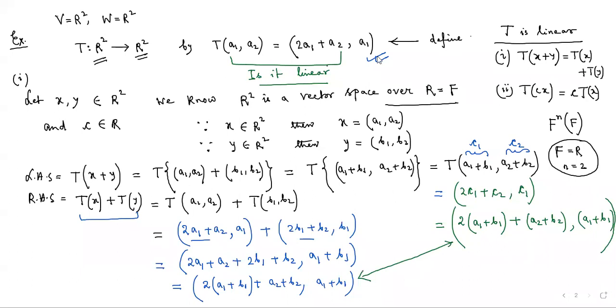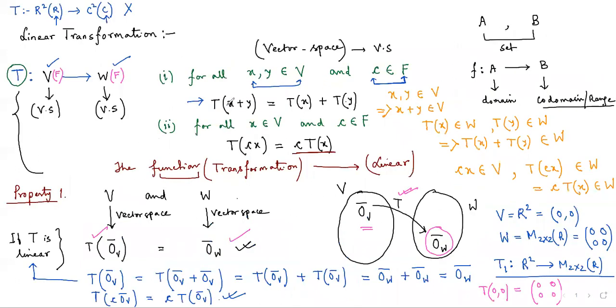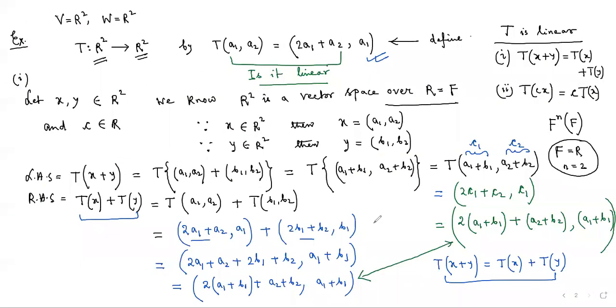So we have obtained that T of X plus Y is equal to TX plus TY, which is the first part of the definition. That means we have proved this first part of the definition.